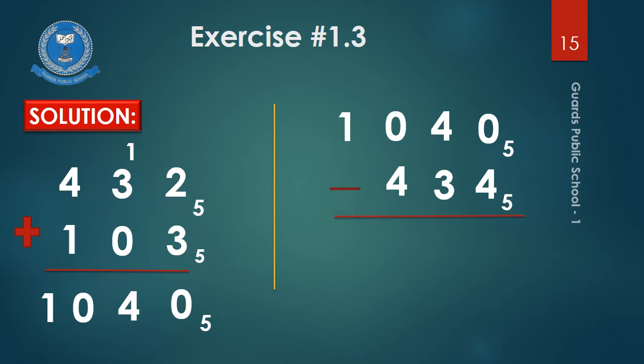Sign of subtraction, draw a line, subtract 4 from 0. We cannot subtract, means we need to borrow 1 from this 4, which means 1 5 in fact. Now subtract 4 from 5, which is equals to 1. Here 3 is left and 3 minus 3 is equals to 0.